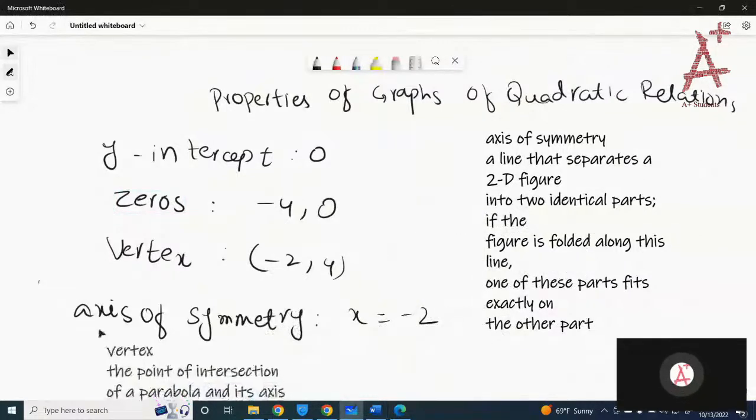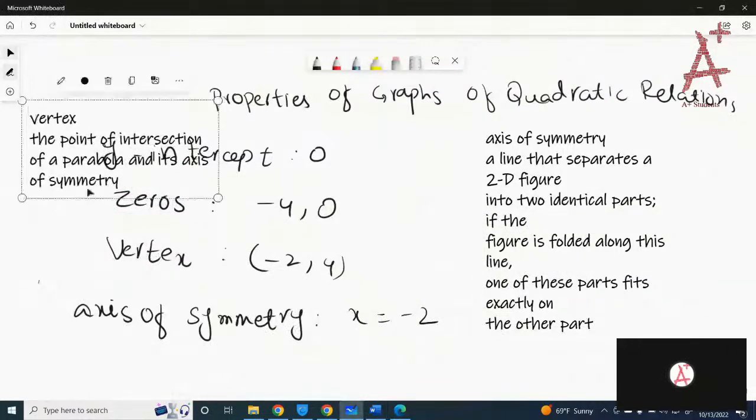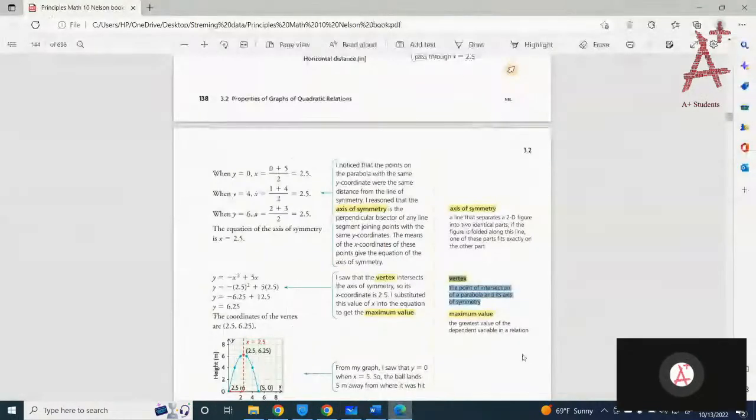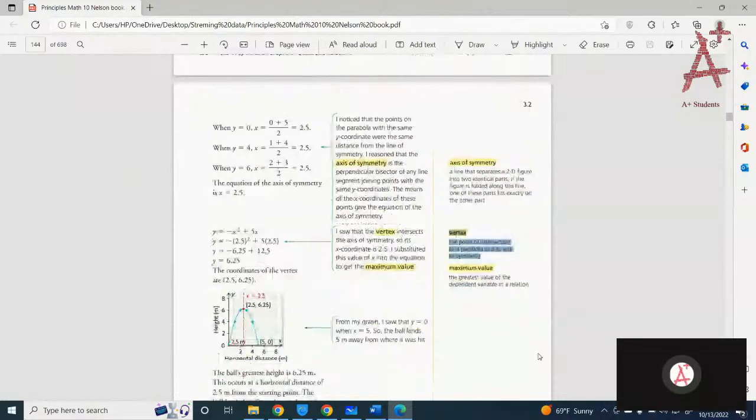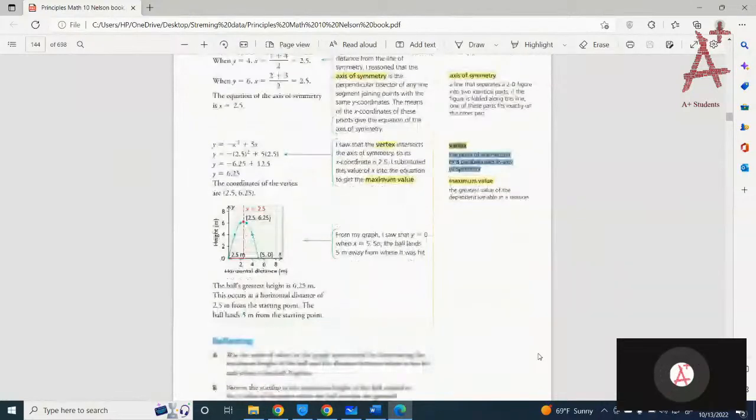And the next one is maximum value: the greatest value of the dependent variable in the relation. So you can note down the definitions from the book.